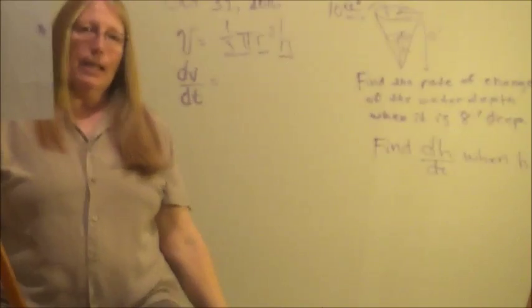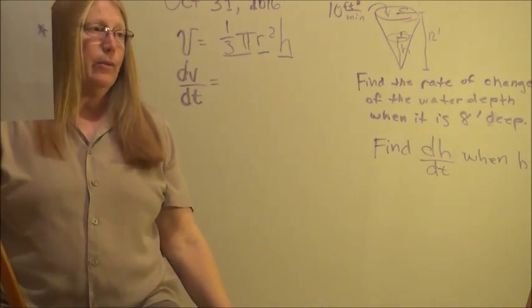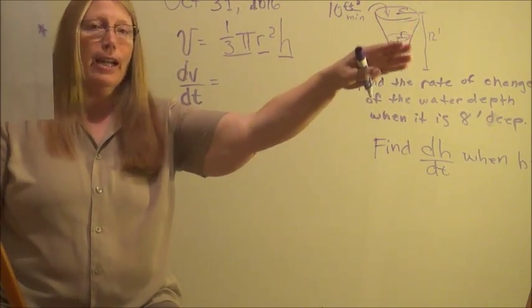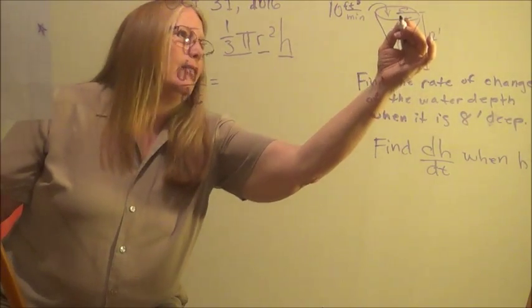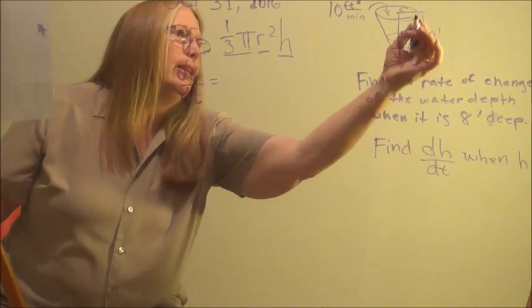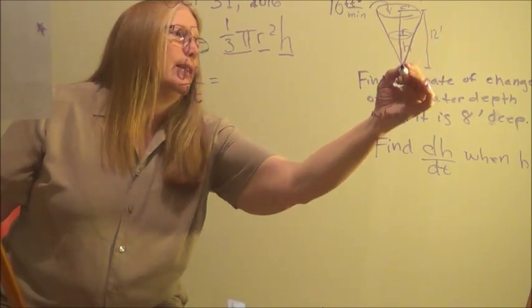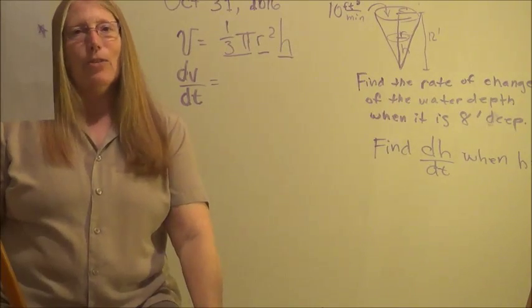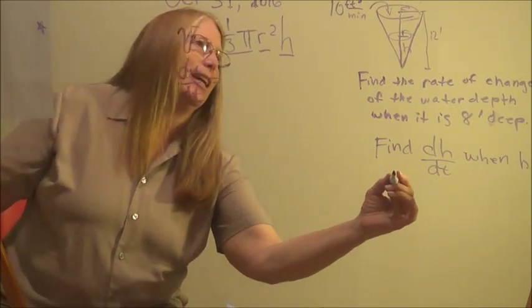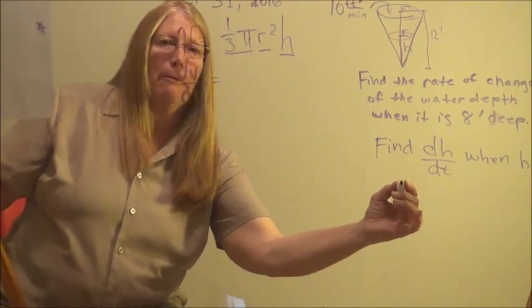So let's make a statement, because no matter where we look at this picture, wherever the height of the water level is, we still have a right triangle within a right triangle. So Miss Grace would be very pleased to know that you recognize those are similar triangles, and their sides are proportional.